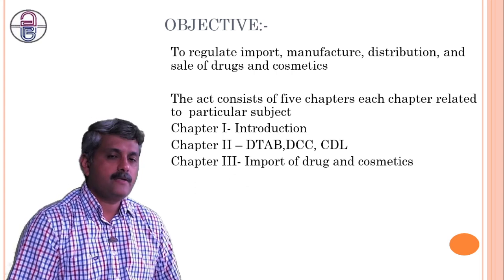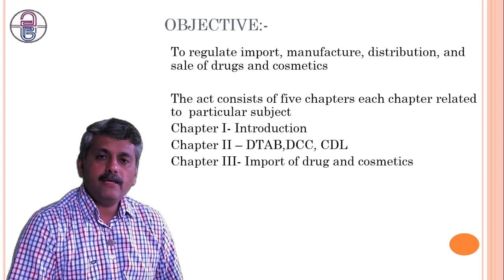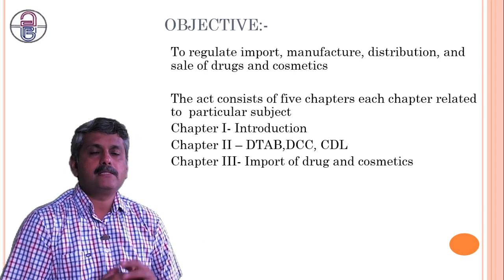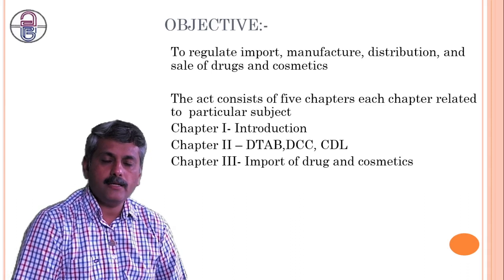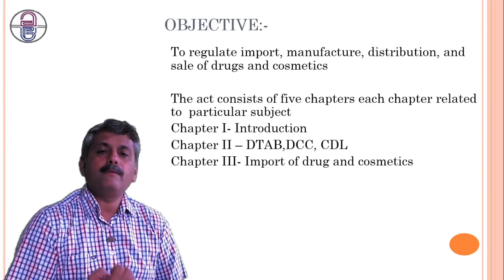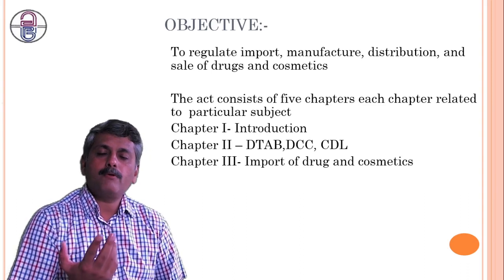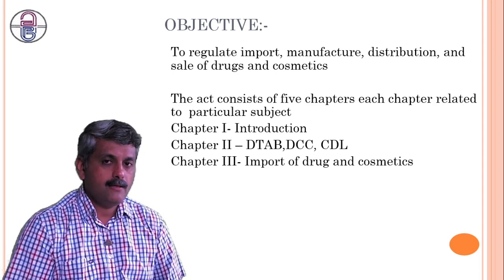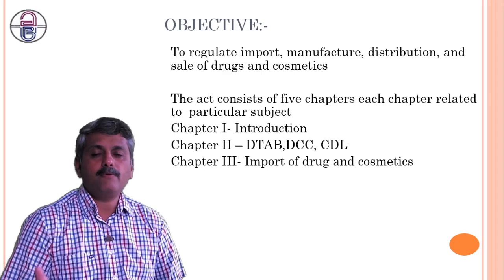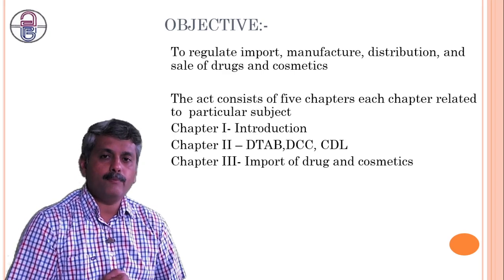Next, Chapter 3 is created particularly for the import of drug and cosmetic. What type of drug can we import? Whenever we are importing any drug, what standard should it follow? In the same manner, which type of cosmetics can be imported?